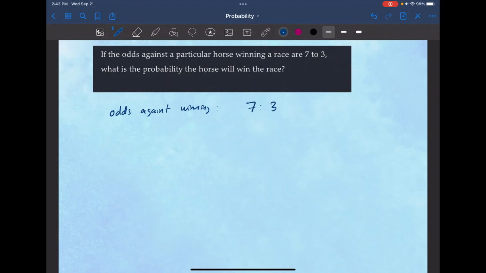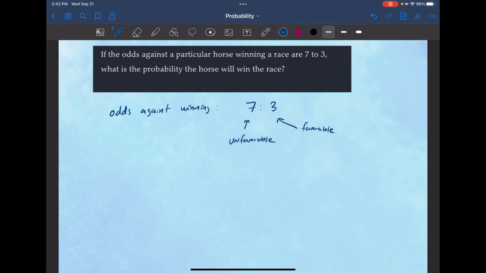That means 7 is unfavorable and 3 is favorable. So it's a little bit the opposite of what we did before, where we had odds favoring the event. Here it's odds against winning this event.